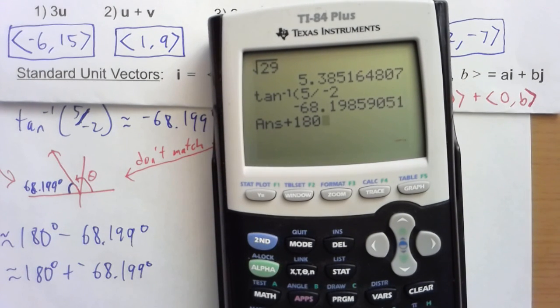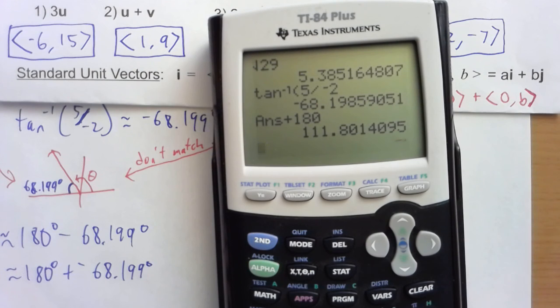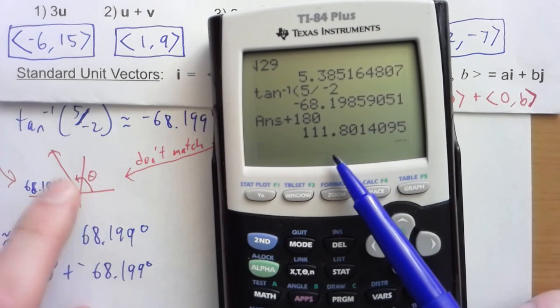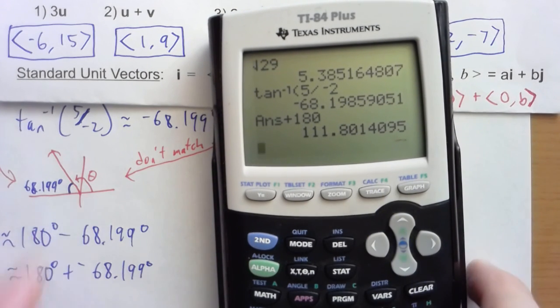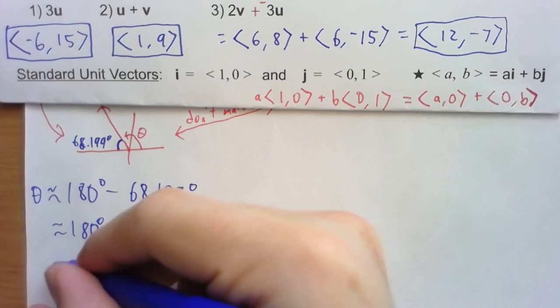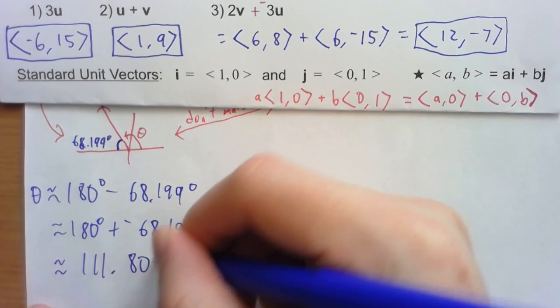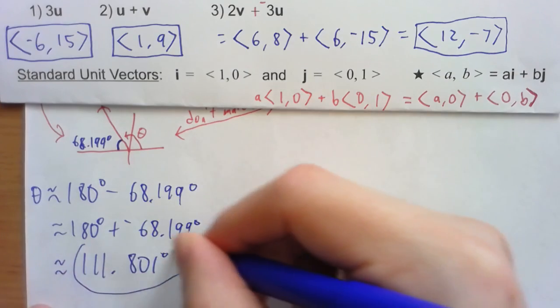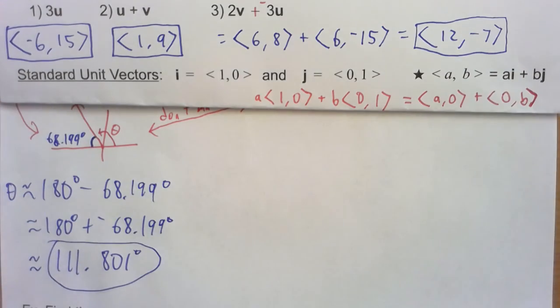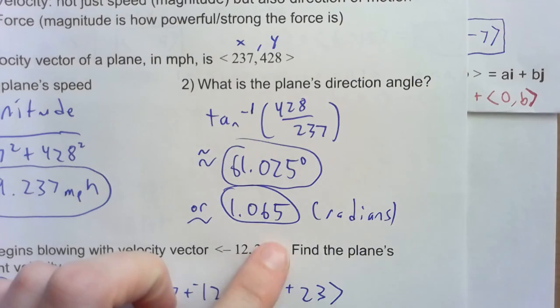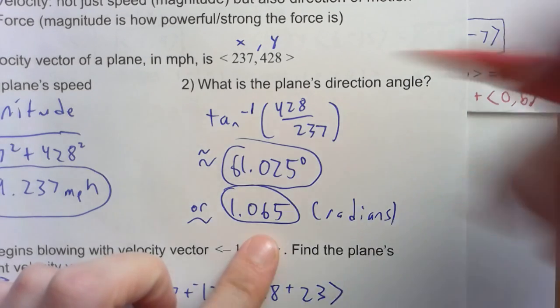You can take that answer, and that's actually the correct angle. That's the second quadrant angle that matches this picture right here. All right. So what I actually wanted was 111.801 degrees.